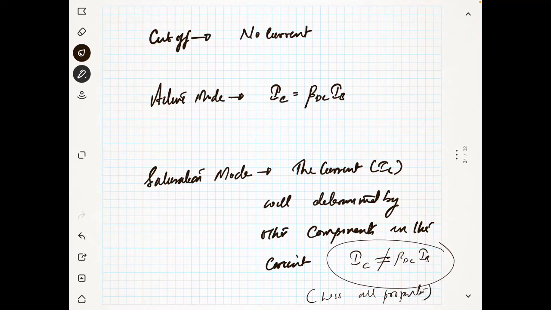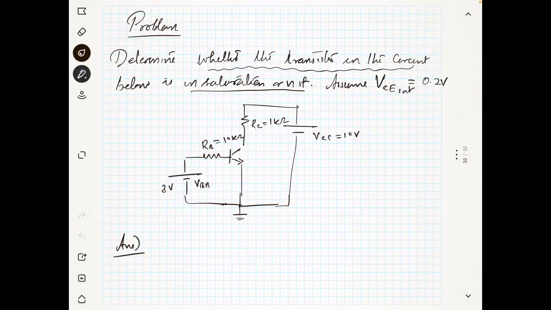That is the main idea that we have to care about. Now we will see what the current is if beta DC, which is also given as 50, is used in our normal formula IC equal to beta DC times IB.